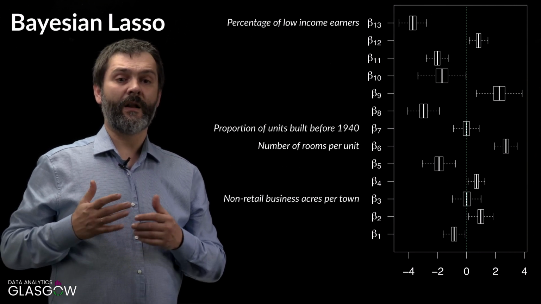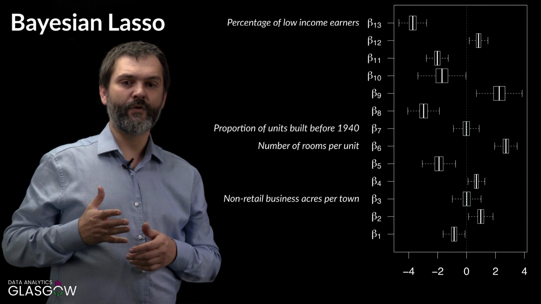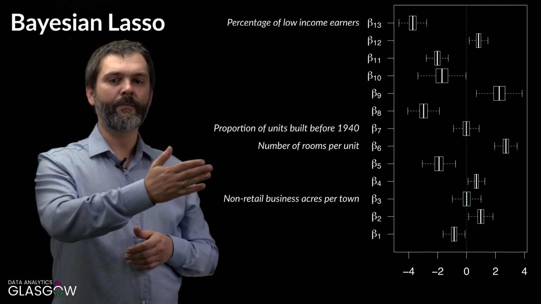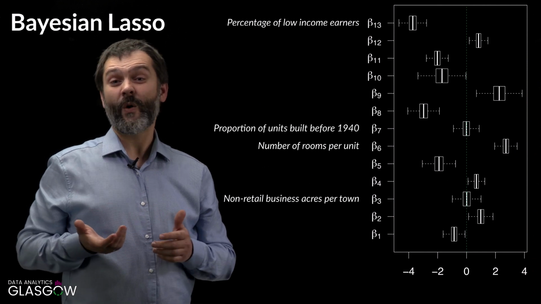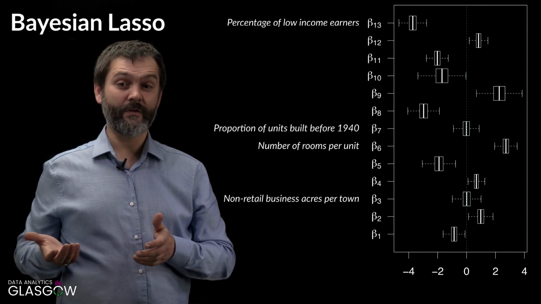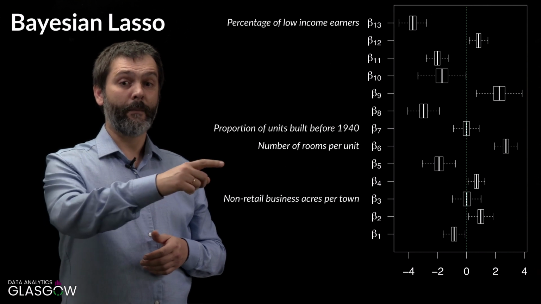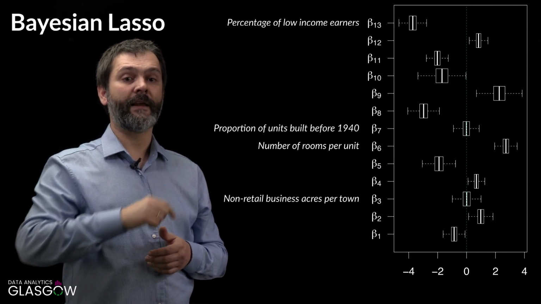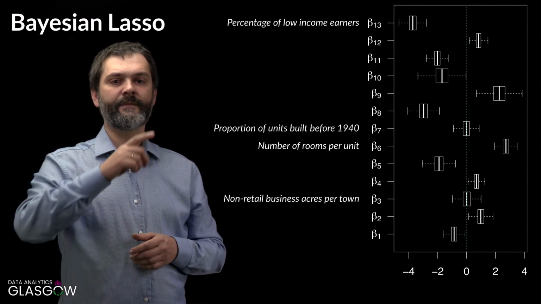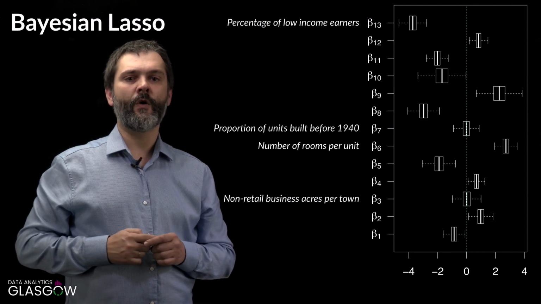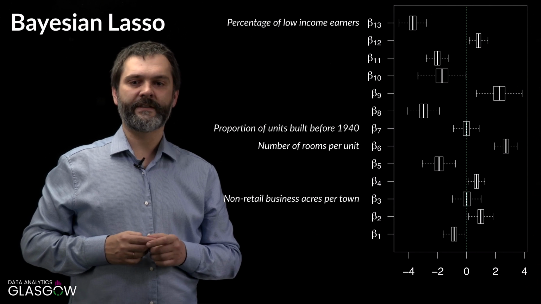The largest scale, the most positive effect is obviously the number of rooms per unit, which means the larger house obviously costs more, smaller house costs less. That's why it is a big positive effect against beta 6. The big negative effect is against beta 13, that is the percentage of low-income earners in the area.